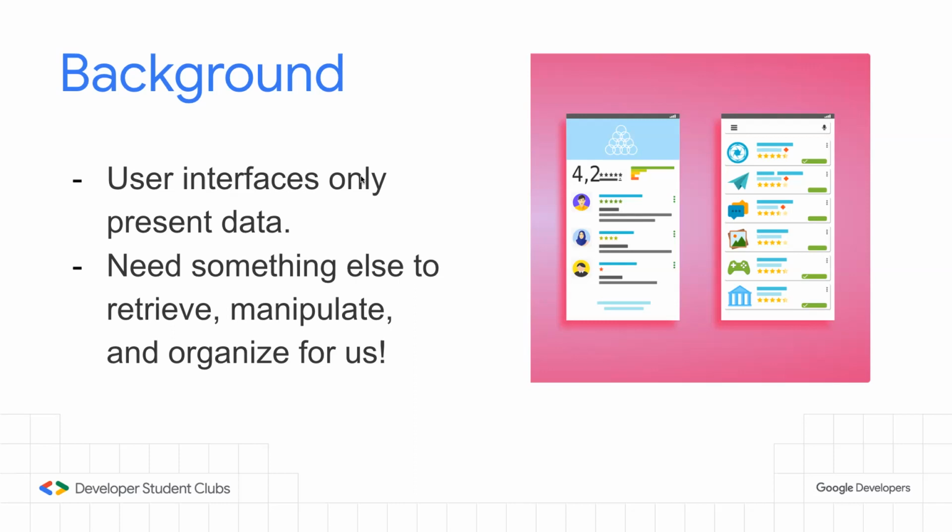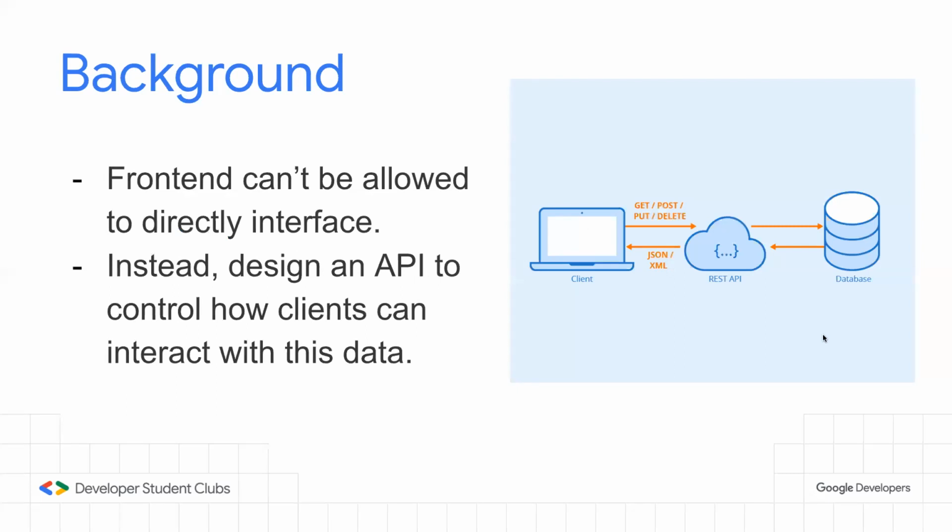And with this, we need to come up with some other way than letting the front end directly interface with all of our data. This is super, super scary because we may design a front end client, whether it be a website or a mobile app, but there are lots of other people that can use all the information that's available on your front end to pretend to be a client that you've created.